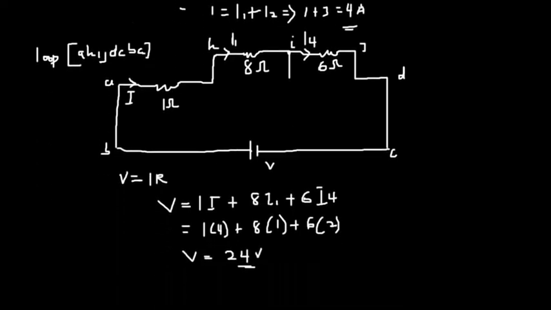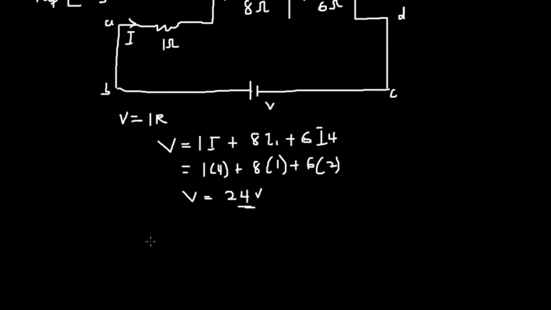To determine R, we need to choose another loop. Let's choose loop A G F E D C B A. Let's take a look at the loop again.